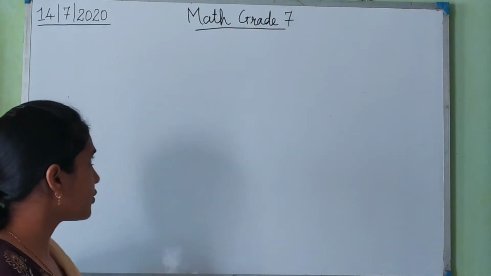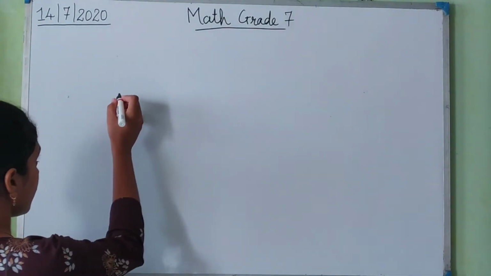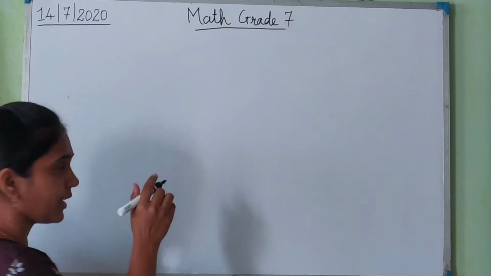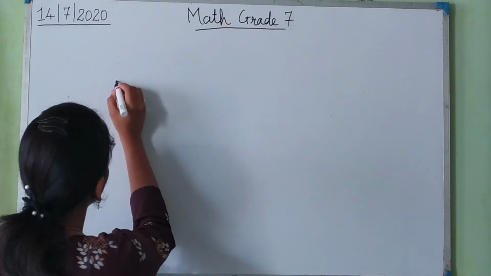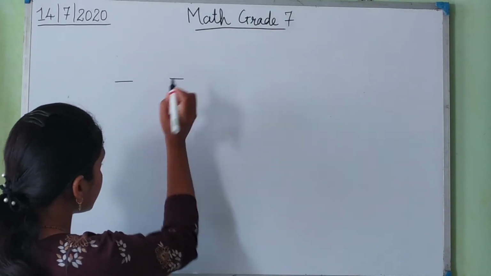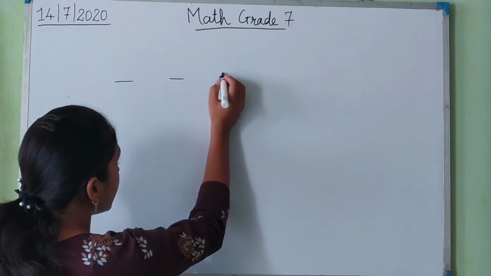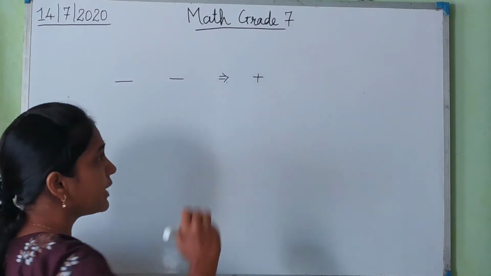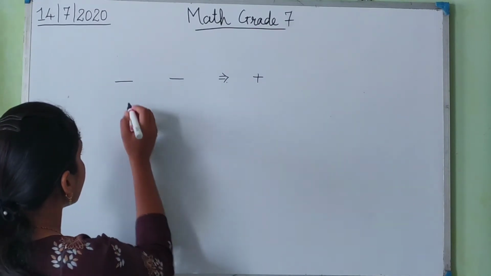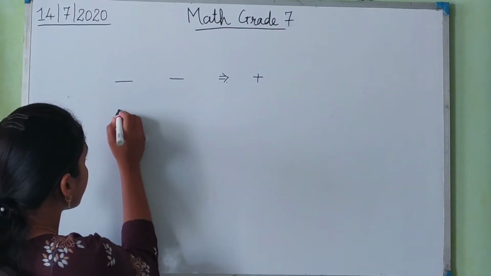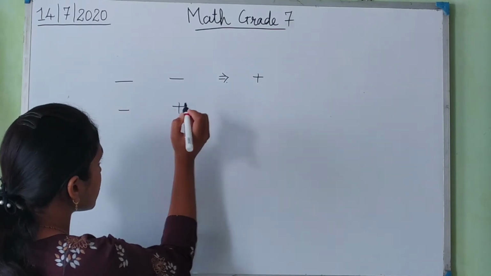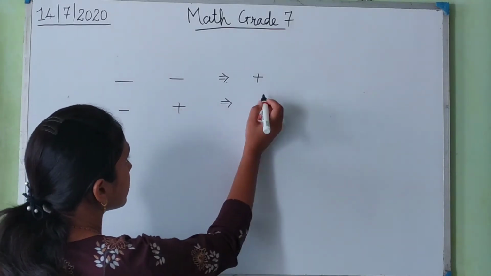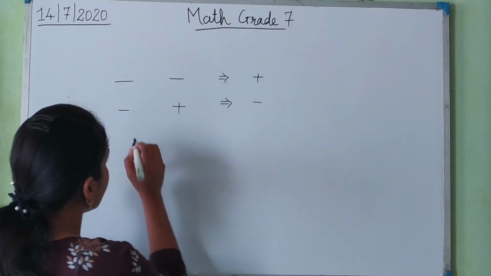So for division, if the first number is negative and the second number is also negative, then the sign of the final answer will be positive. If the first number is negative and the second number is positive, then the sign of the final answer will be negative.